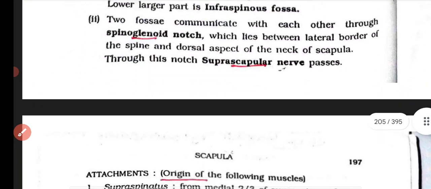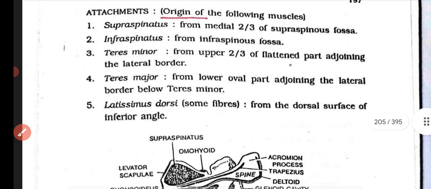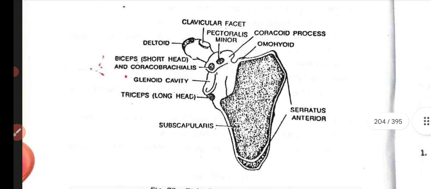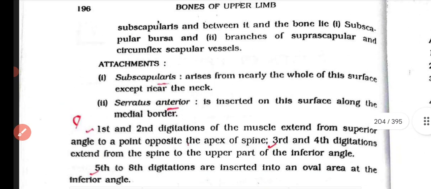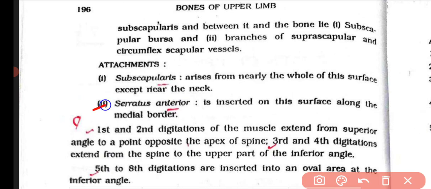Here is the neck. The second one is the serratus anterior, which is inserted on the surface along the medial border. The subscapularis originates and the serratus anterior is inserted.